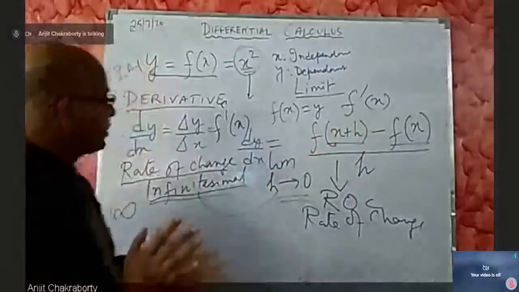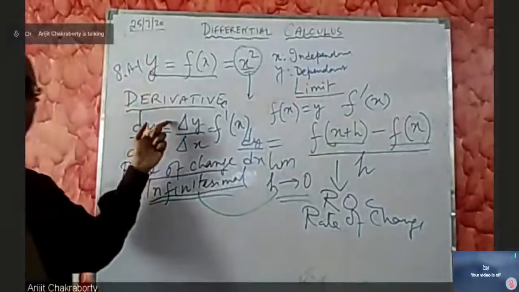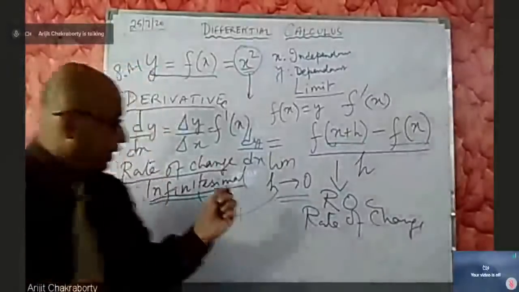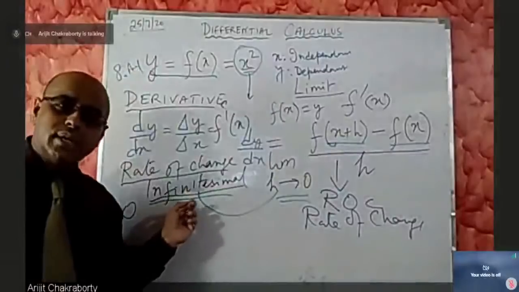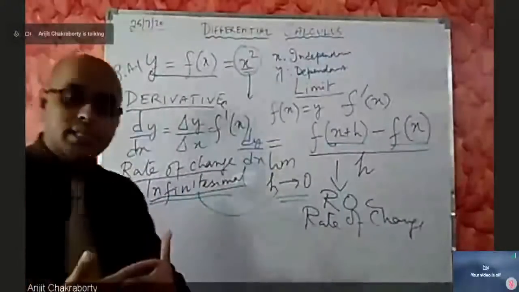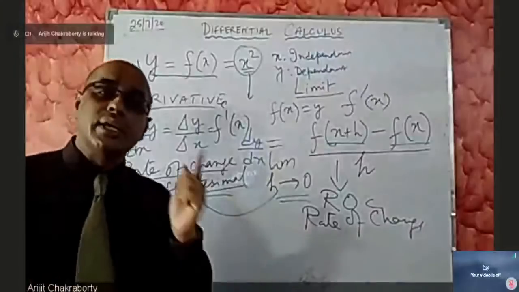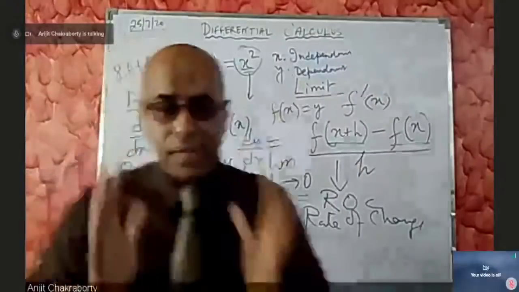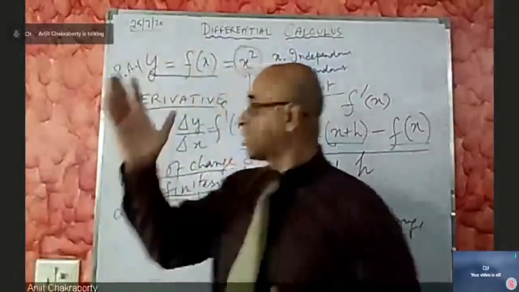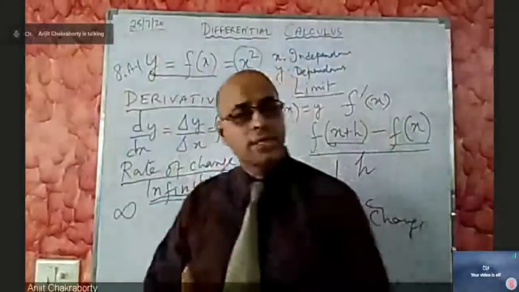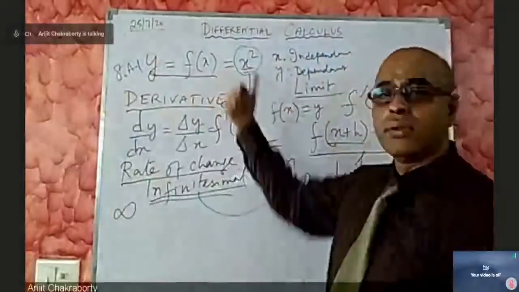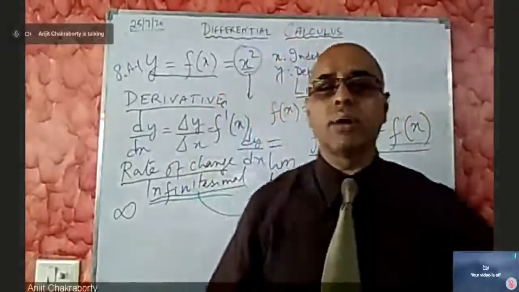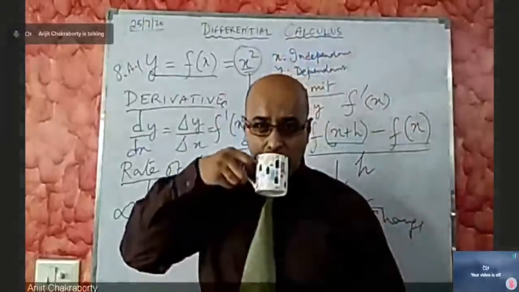We are trying to find the rate of change in the dependent variable y due to a very small, infinitesimally small change in the value of x, which in this case is the independent variable. This is the differential coefficient. This is what the derivative is, and I gave 3 examples. First is the simple function, the formula which I have written. Second, I talked about the difference of the 2 cars.